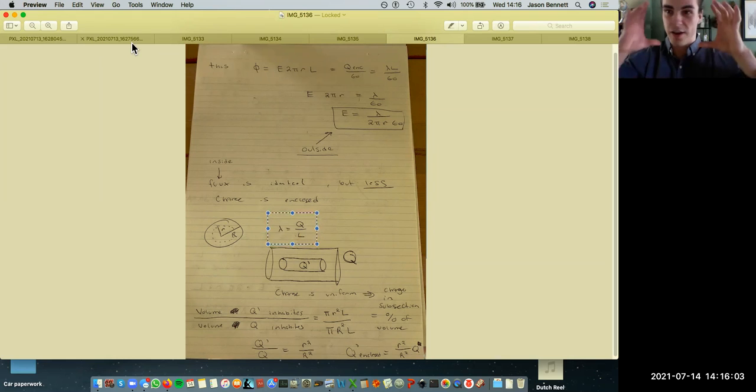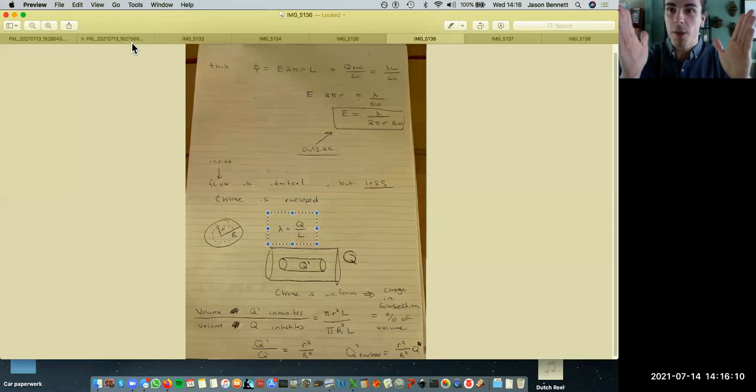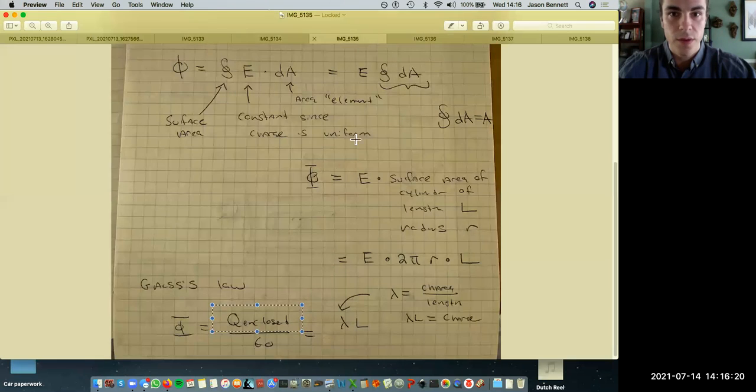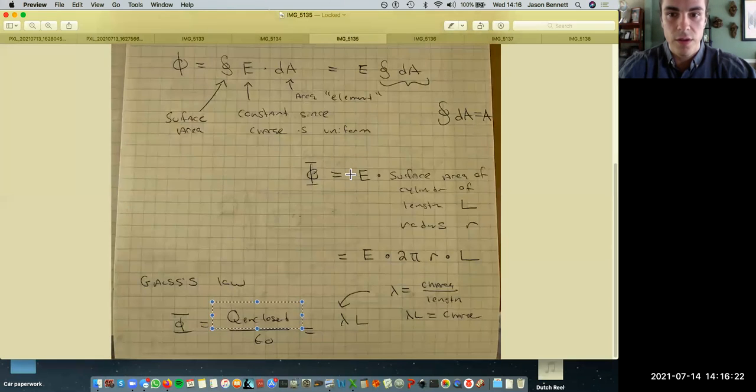Usually you're given something and you know how much charge is in it, and then you can know how long it is. Uniformly distributed means it's distributed all over the whole thing, so you can just divide the total charge by the length. If this lambda is Q over L, I can rearrange it for Q and say that Q is lambda times L.